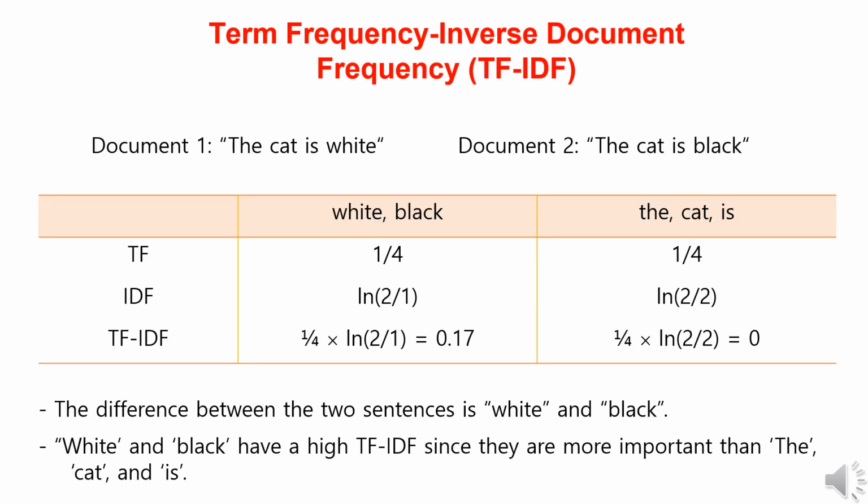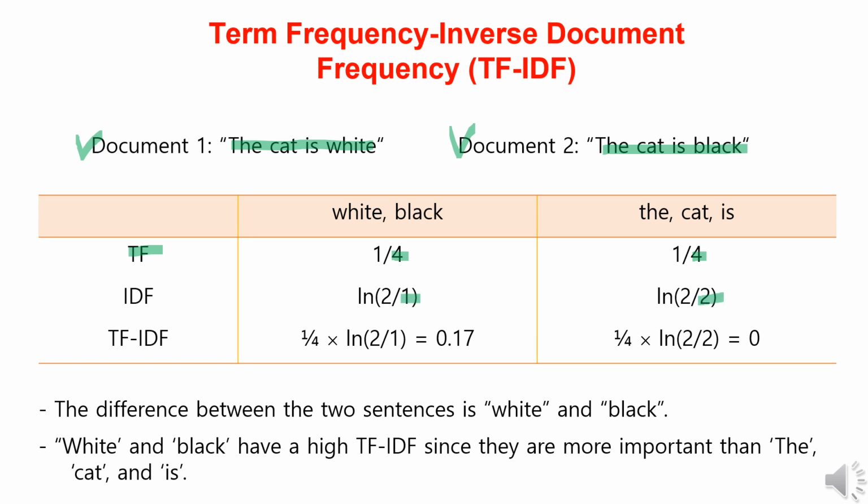Now let's calculate the TF-IDF for the two sentences we used in the previous example. The cat is white and the cat is black. Both sentences consist of a total of 4 words, so the term frequency for each word is 1/4. Out of the two sentences, one contains the words white and black, and the words the, cat, and is are present in both sentences.